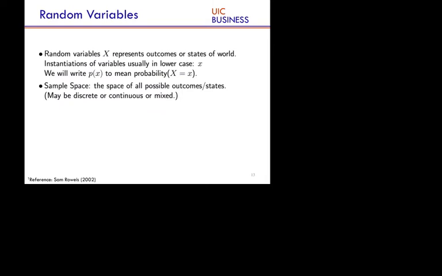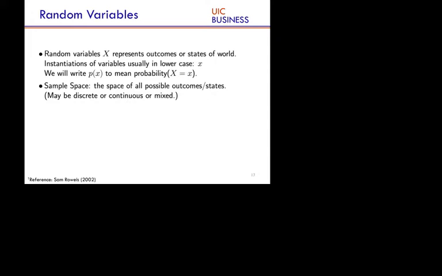So next we'll introduce what are called random variables. Random variables also represent outcomes or states of the world, but typically they map events to numbers. We'll use this notation where a capital letter represents the random variable and a realization of it is a lowercase letter. Sample space we have already discussed.